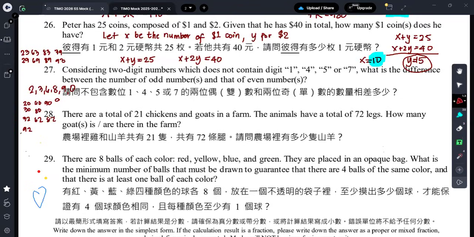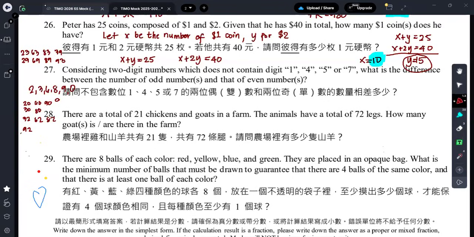Okay. So after this one, how many even numbers are there all in all? Yeah, Donna, please. How many even numbers are there all in all? 38.